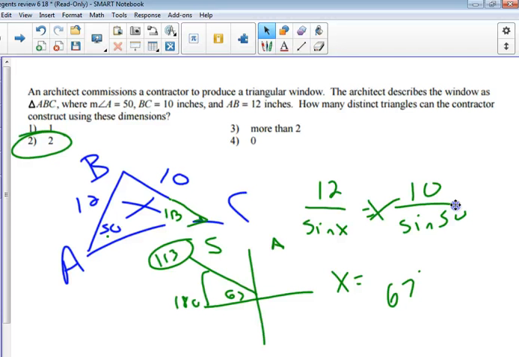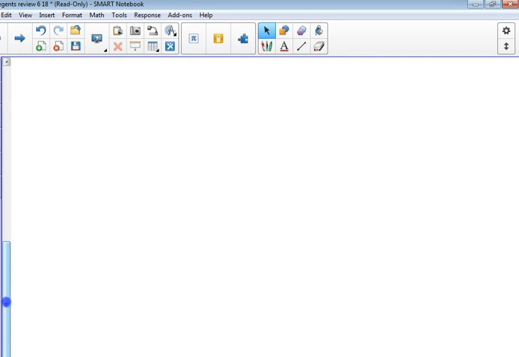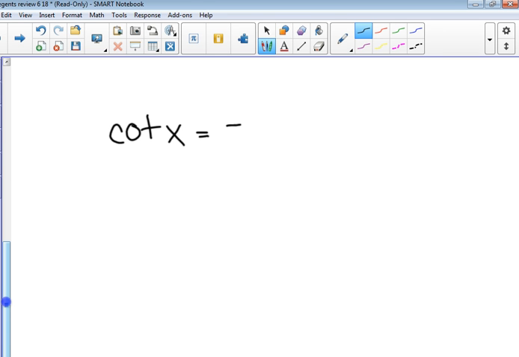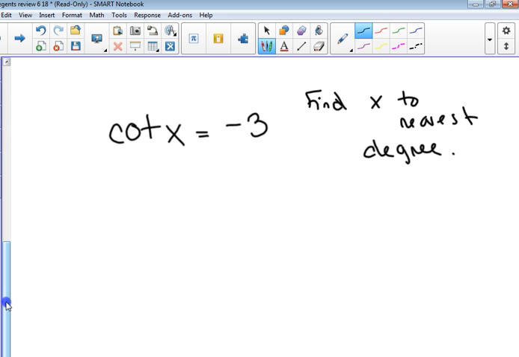What else can we do? Can we do that one where it's like NCR, like this kind? While you guys are using your calculators, let me make up another one of these. If I give you this, how would you guys solve it?